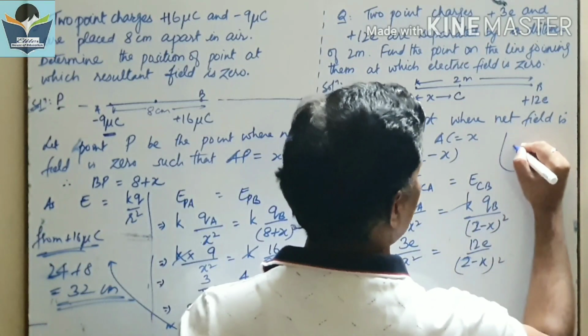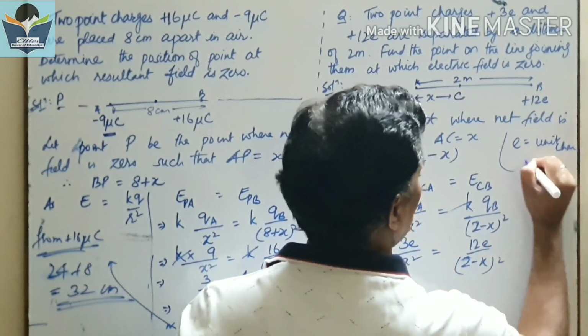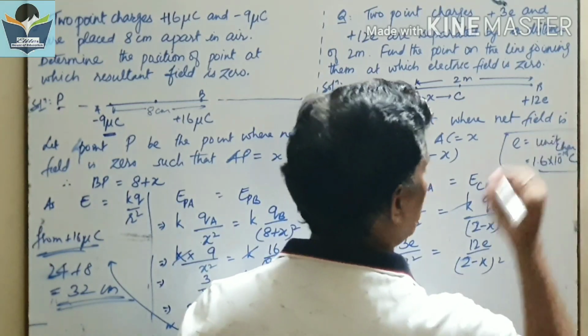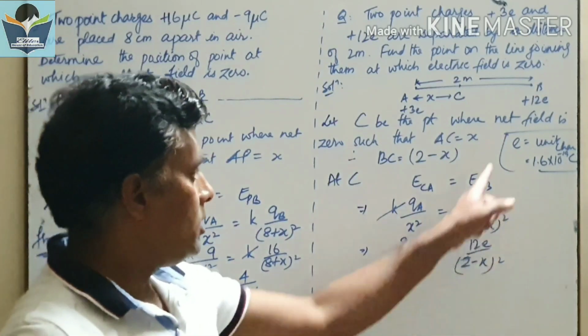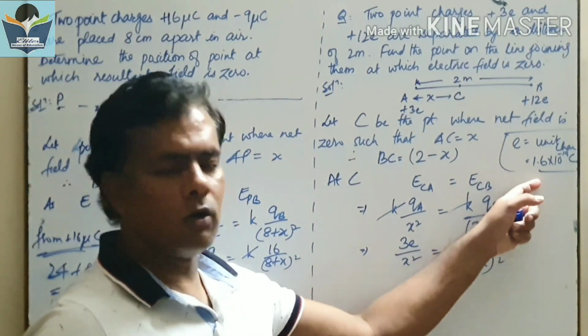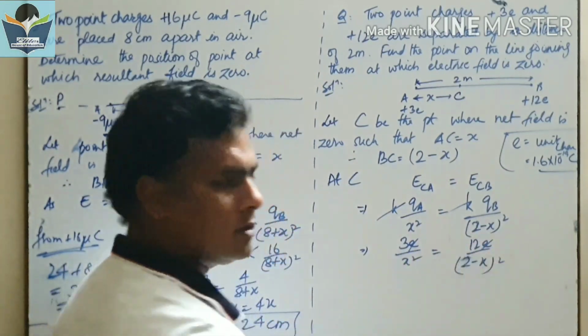Here remember that e denotes the unit charge, and unit charge is 1.6 times 10 to the power minus 19 coulomb. Remember this. e is the unit charge, the charge on one electron, but we are not required to put its value here because you can see this is cancelled.